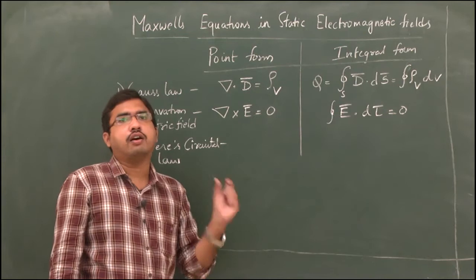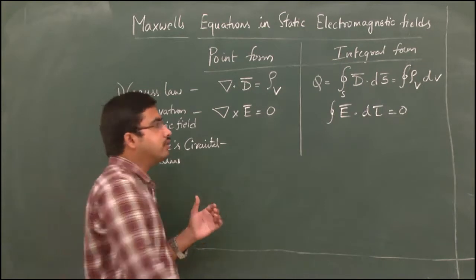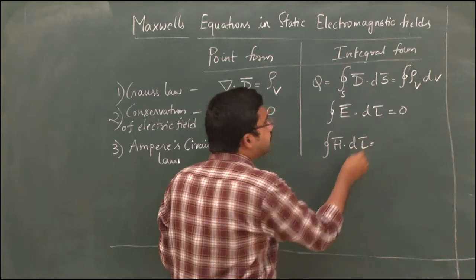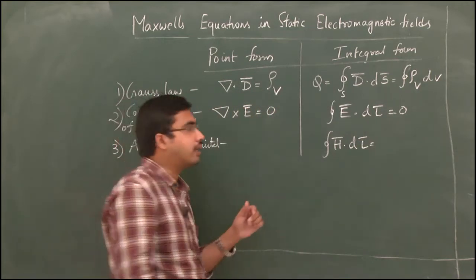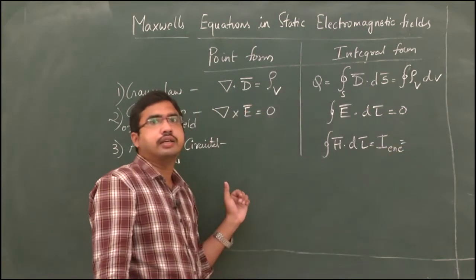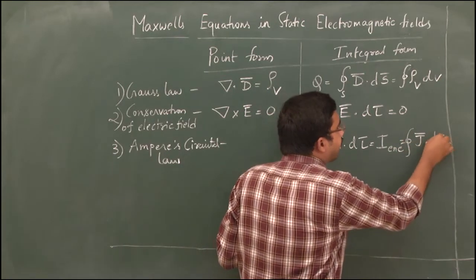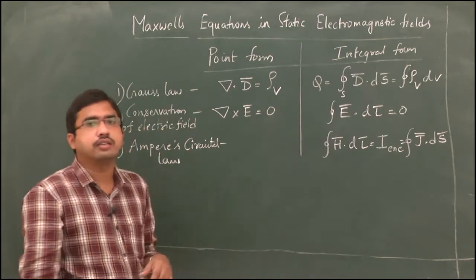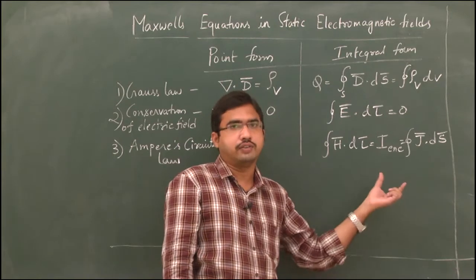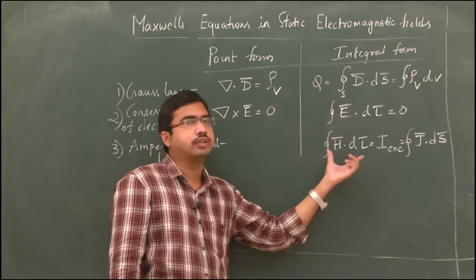The line integral of magnetic field intensity H bar around a closed path, that means integral H bar dot dl bar, is equal to the current that is flowing in that path, where I can again be written as integral J bar dot dS bar, where J is the current density and dS is the differential surface area. This is the integral form of Ampere's circuital law.